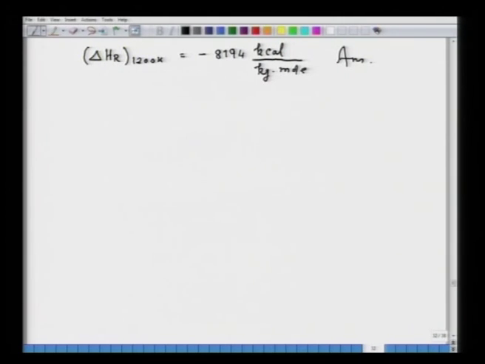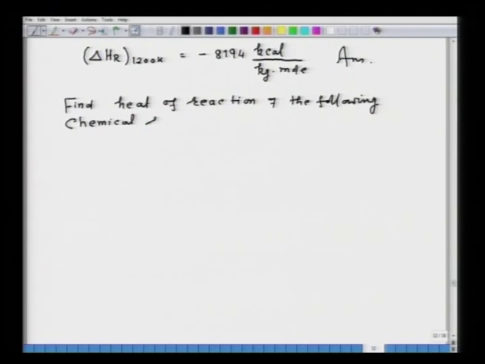Now, I give you some more exercises. Find the heat of reaction of the following chemical reactions at 1400 Kelvin, just for your practice: C solid plus O2 gaseous giving CO2 gaseous.